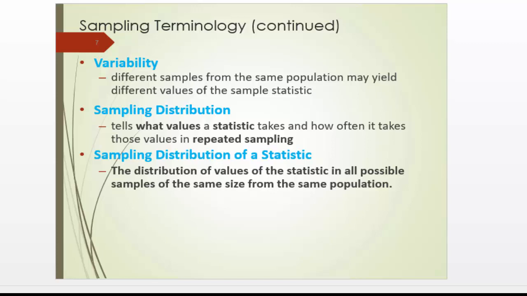We talked about probability distributions, that is, the variable value and the probability it would occur. Now sampling distributions tell us the value of a statistic and the probability it would occur. So a sampling distribution of a statistic is the distribution of values of that statistic that comes from samples of a specific size from the population, and the probability of it occurring.